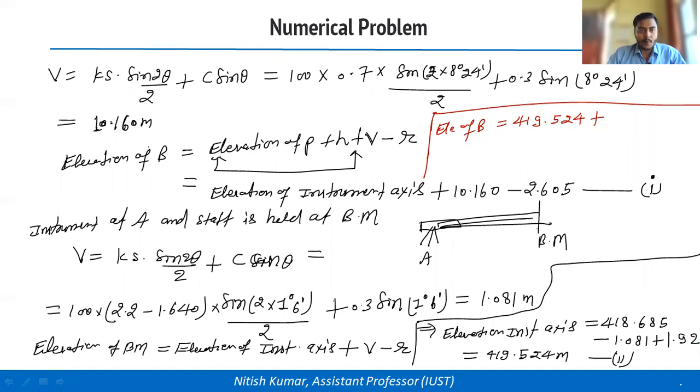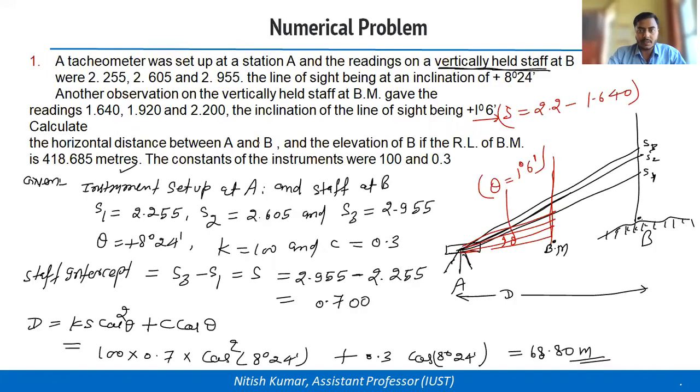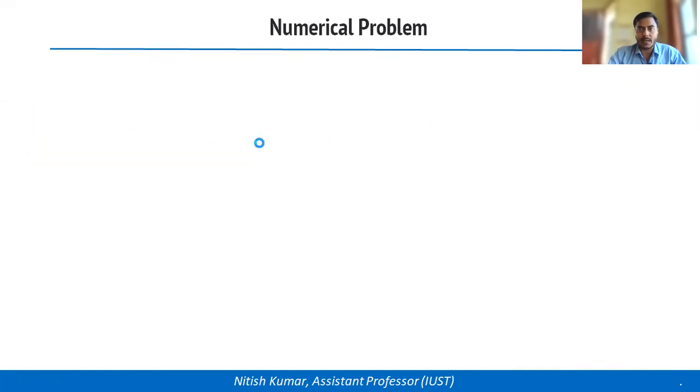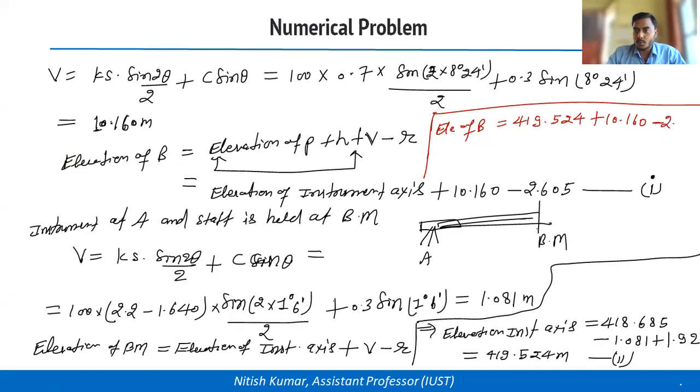We have calculated 10.160, minus R in this case. R was 2.605. Now you will get the value, that is 427.079 meter.